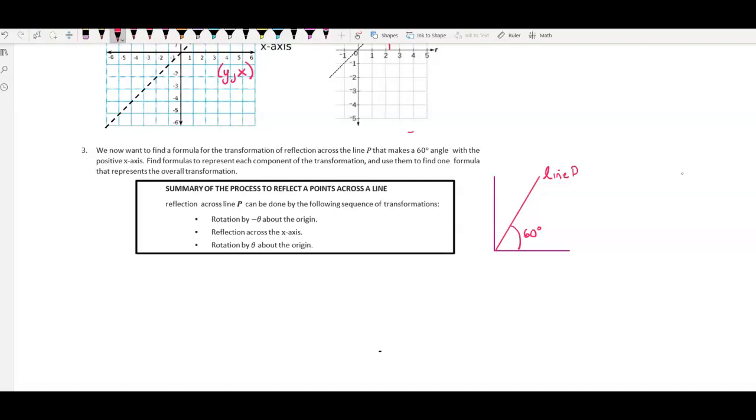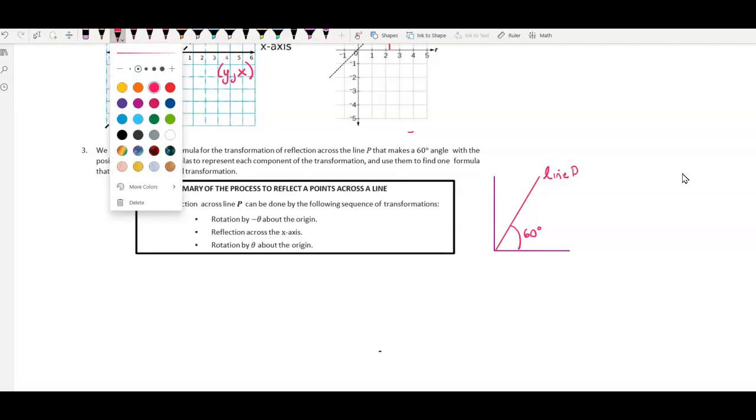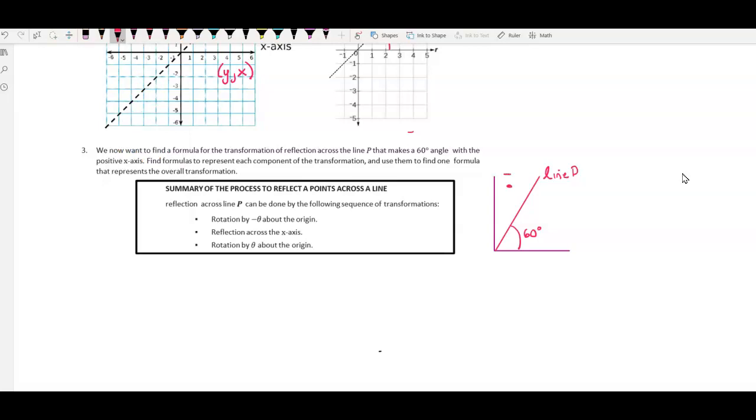And what I want to do is take a point and I want to flip it over that line. So I want to know how to do that. So I'm going to call this Z prime. So when you're done, you're going to have an equation that you're going to put right there.